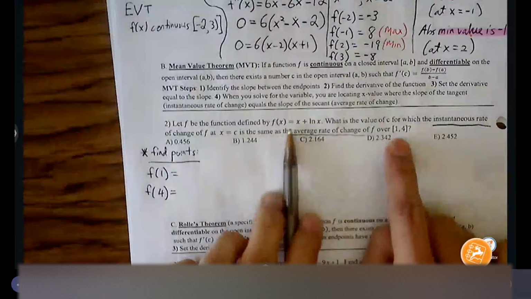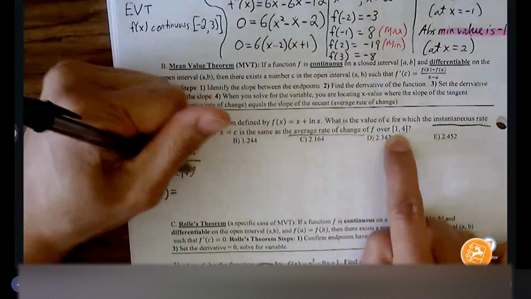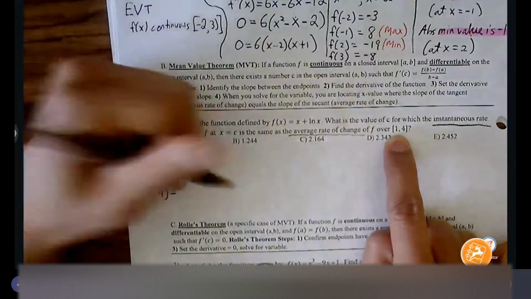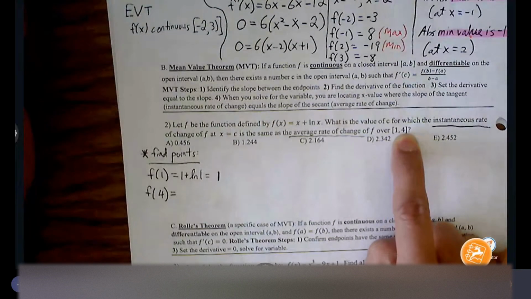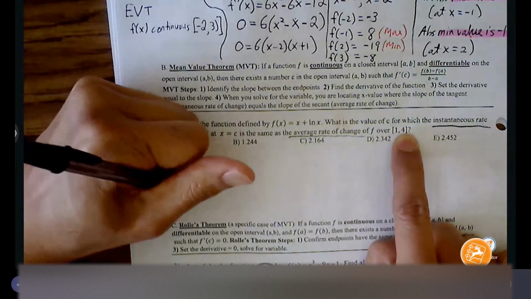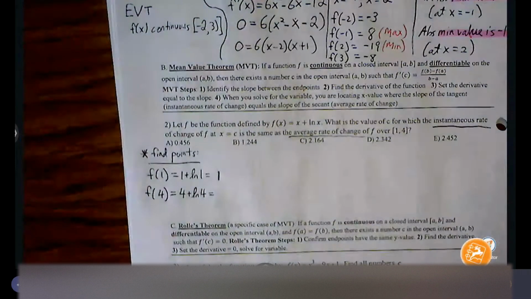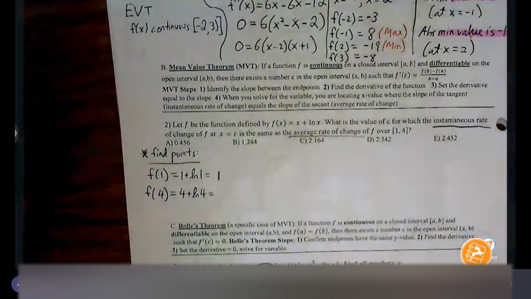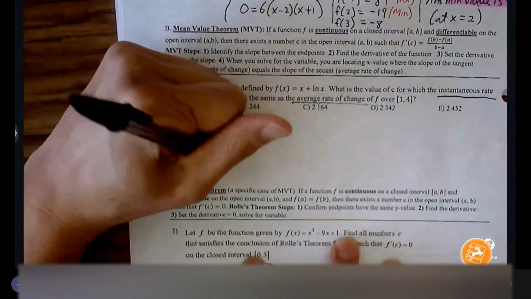So put into the original function 1 plus natural log of 1, 1 plus 0, which is just 1. Okay, we put 4 into the function, 4 plus natural log of 4. Use your calculator. It's going to give us 5.386.